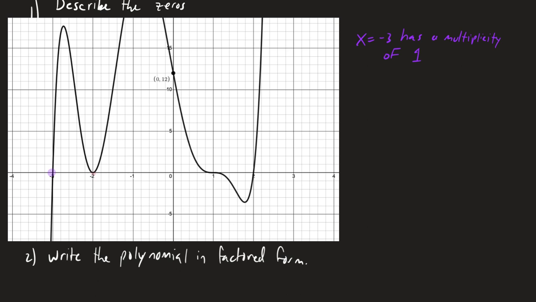The next one I see is at -2. And notice how the graph is bouncing at that point. What that tells me is that there's an even number of roots, or it has an even multiplicity, probably a multiplicity of 2.